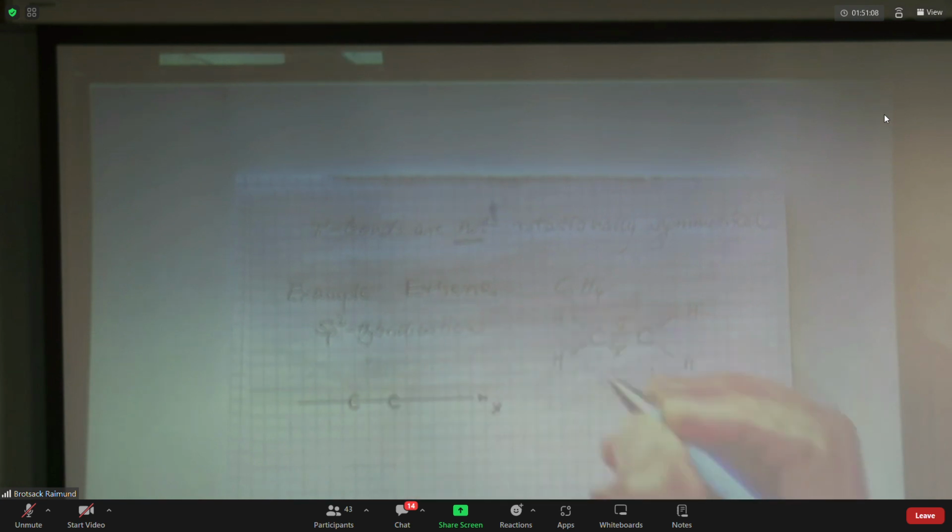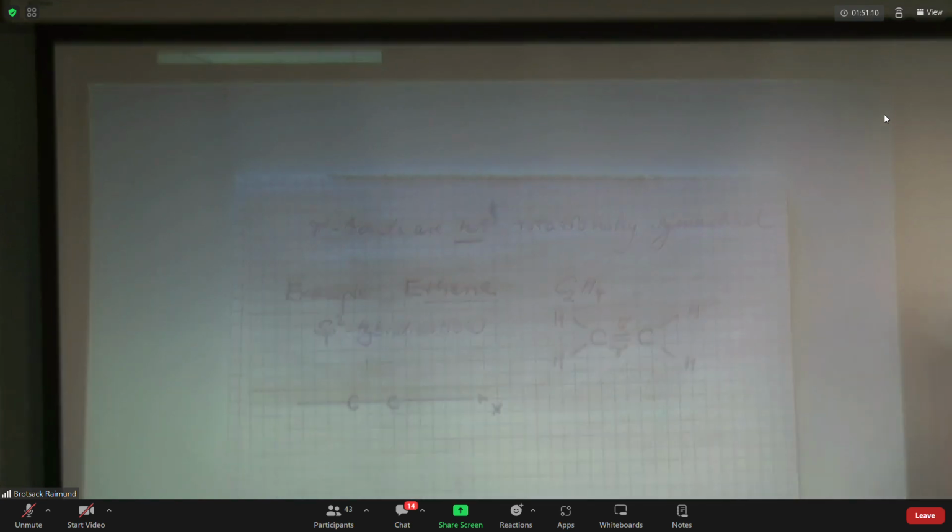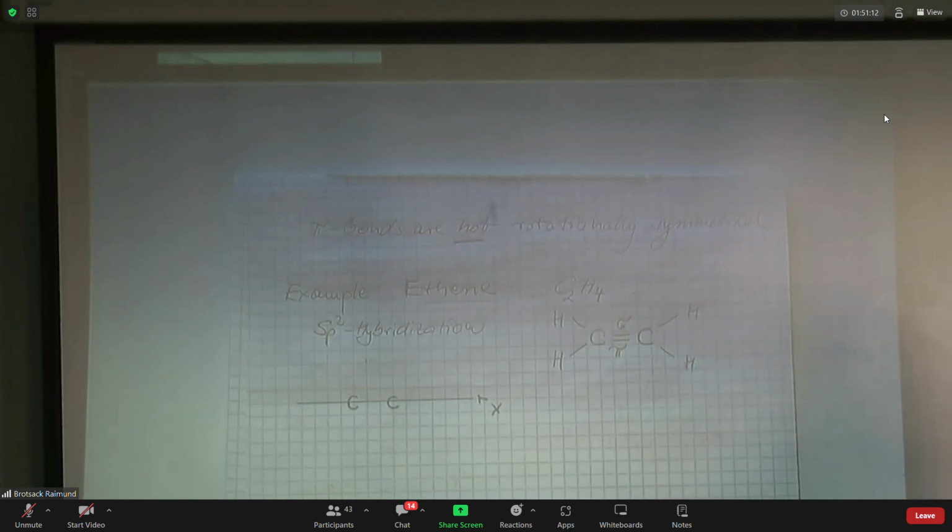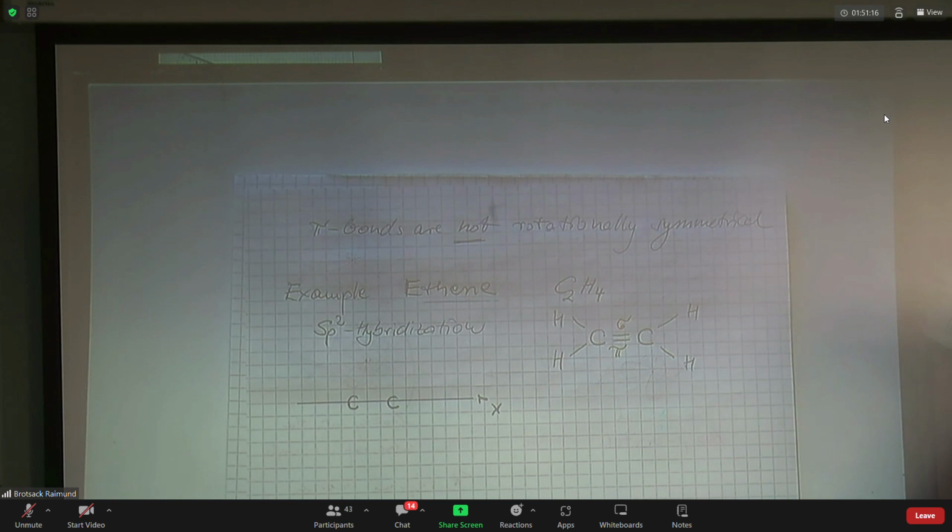Do you remember how the sp2 type orbitals look like? We just talked about it a few minutes before. So we need 3 orbitals. 1 is from S and 2 from P, and then they are hybridizing. And how does the hybrid orbital look like?